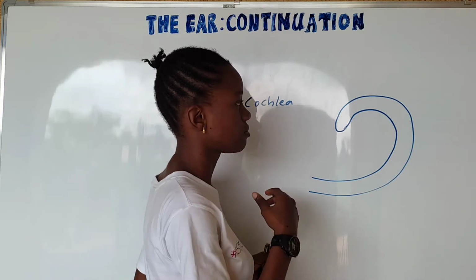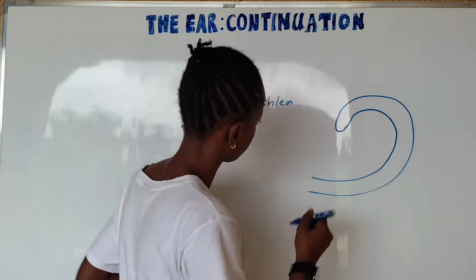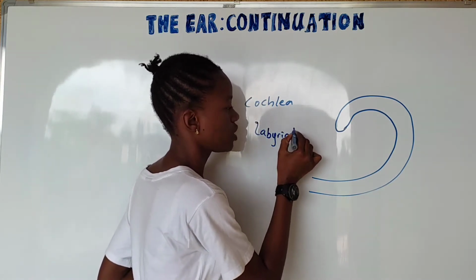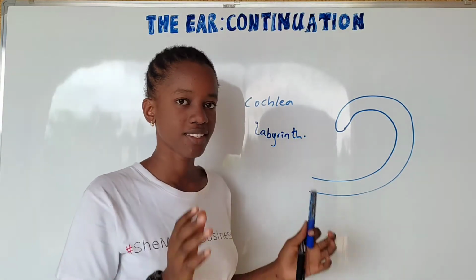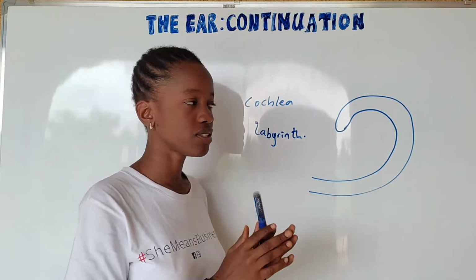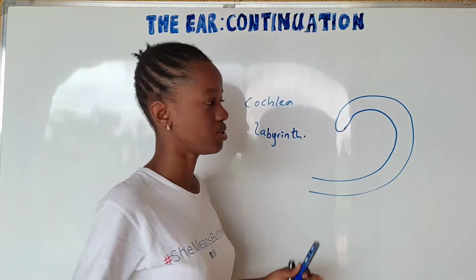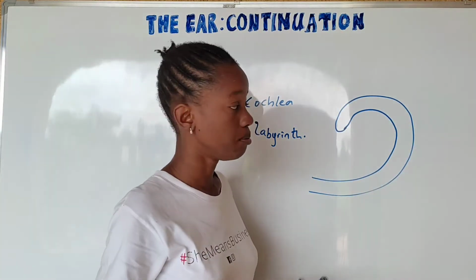Now we are going to call this a labyrinth. A labyrinth is a complex pathway or passageway. As I said before, this is actually much more curved, so it's a complex pathway.